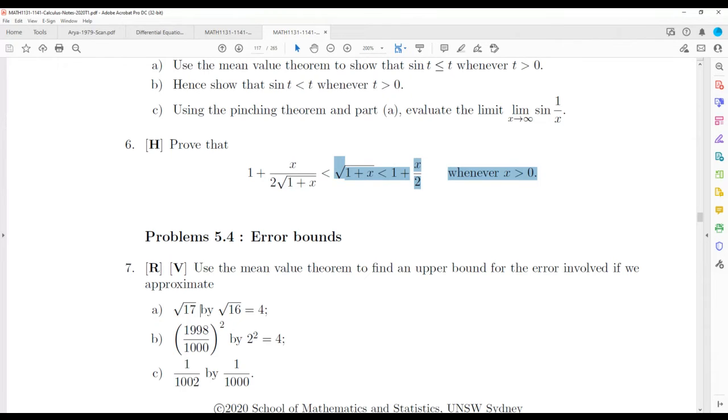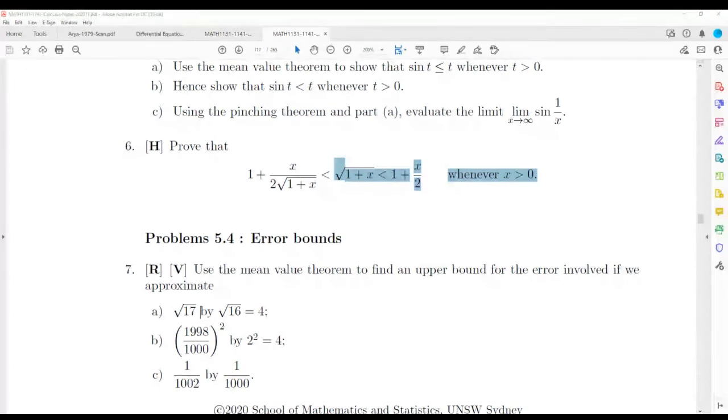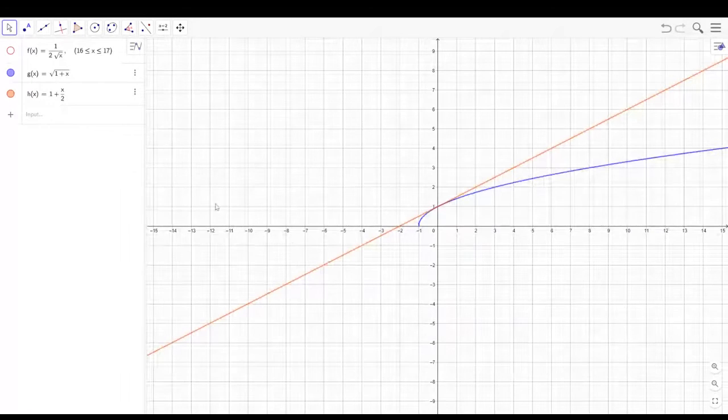So if I open up GeoGebra and I put in the functions, square root of 1 plus x and 1 plus x on 2. So let me go over to GeoGebra. Okay, so I'm over here.